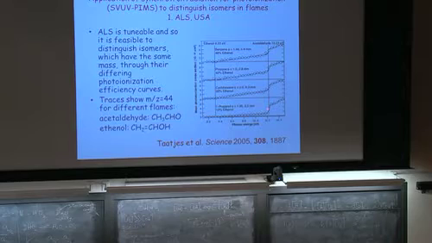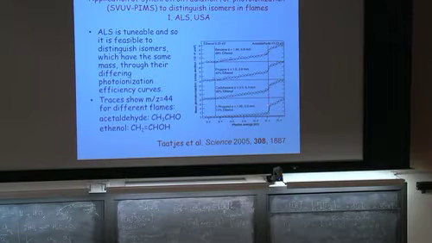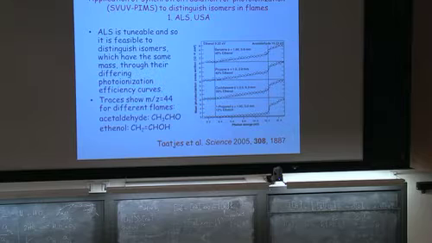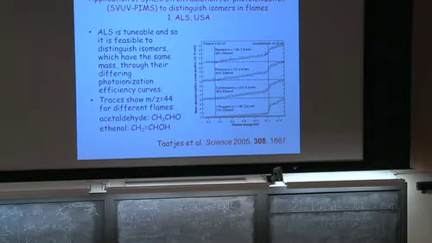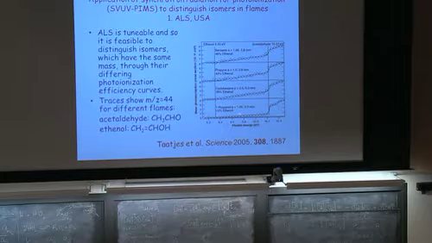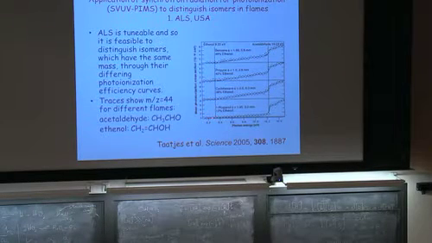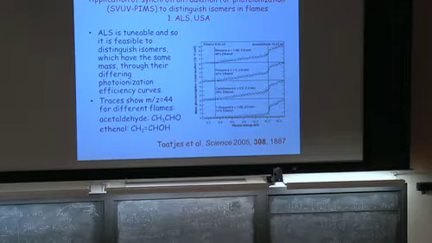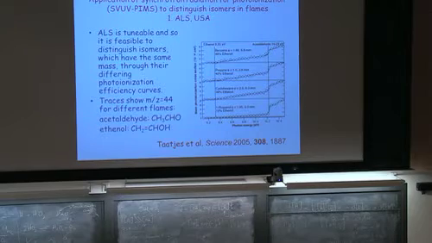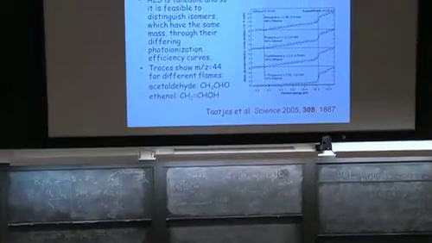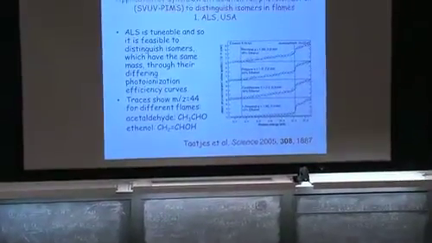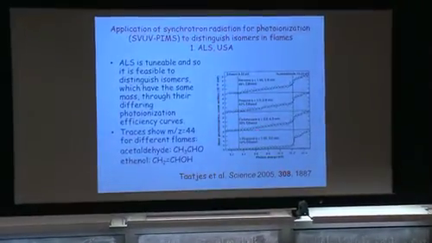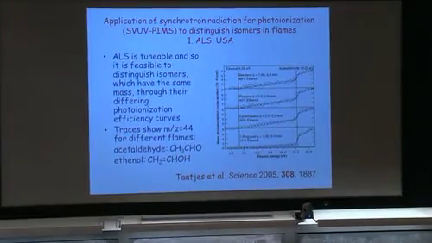So this is a signal related to acetaldehyde up here, but they found that there was a signal that occurred at lower photoionization energies, something that had a lower photoionization threshold. And this species at this mass must be ethanol, an isomer of acetaldehyde. You can see that at these lower photoionization energies, where acetaldehyde is not photoionized, you're producing ions at this mass, and these must be due to ethanol.